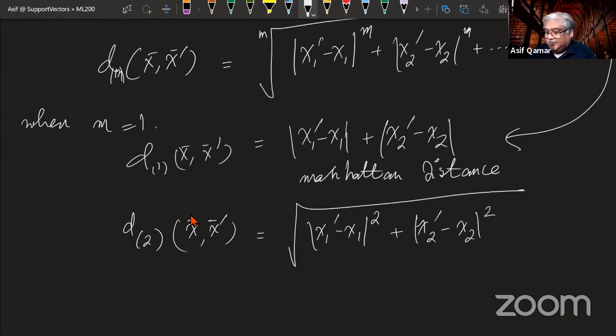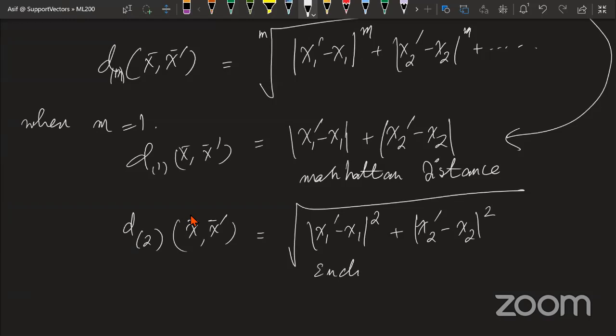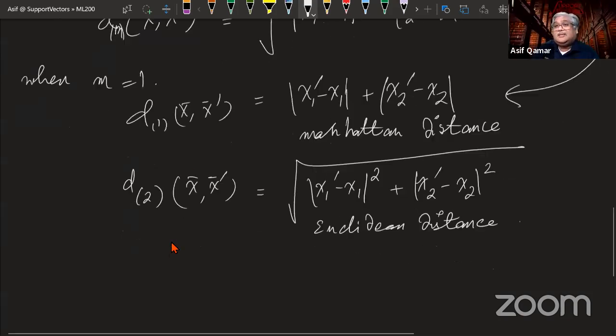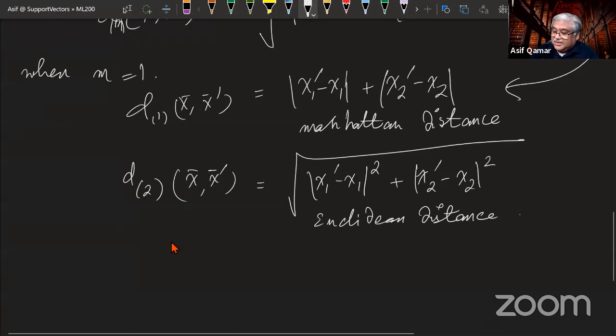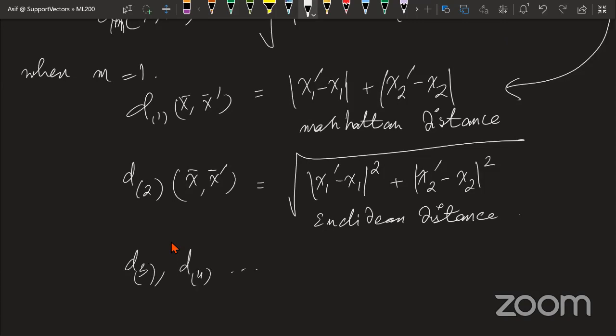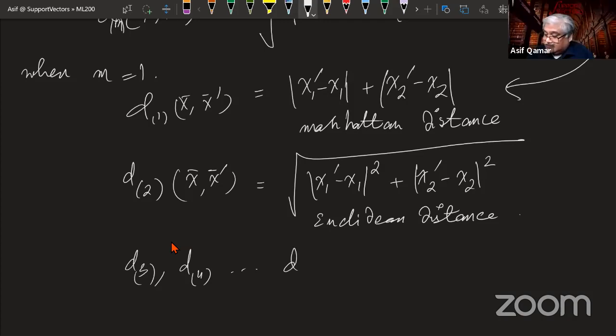The half power is implicit here. What does this look like, guys? Is this the same as the Euclidean distance? Yeah, Euclidean distance. Now you realize that this is remarkable. So we have generalized it. You can now go to d3, d4, isn't it? You can even go to d infinity.